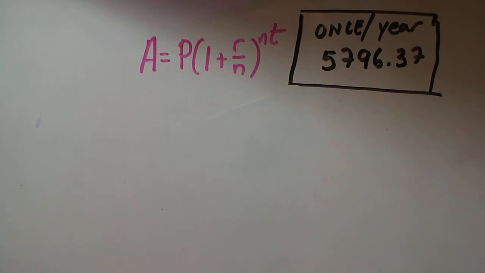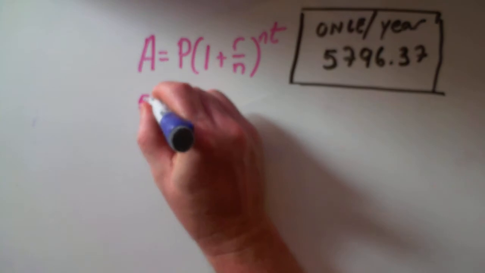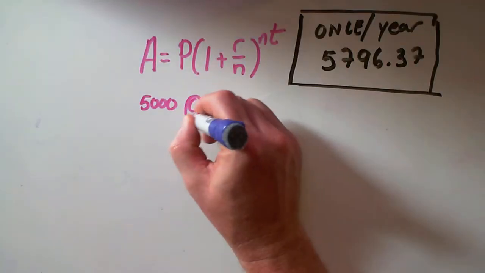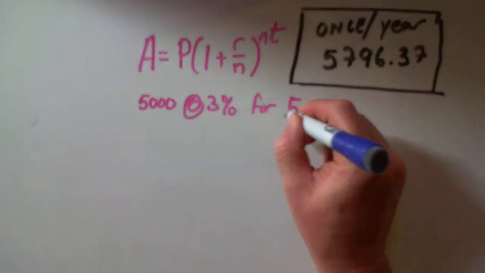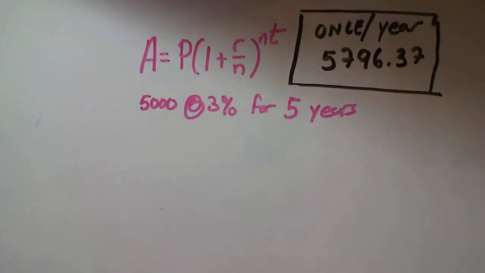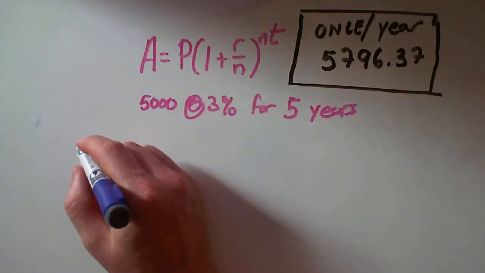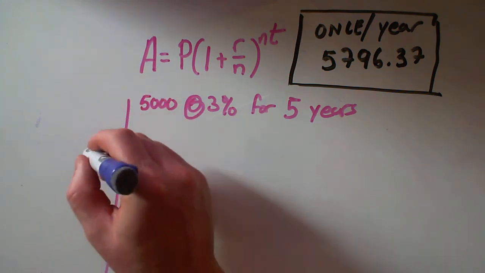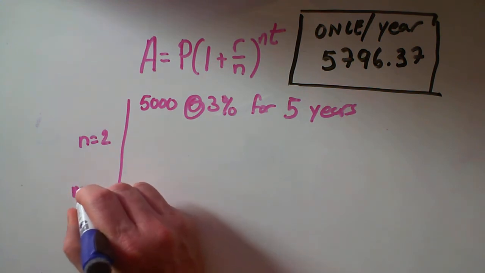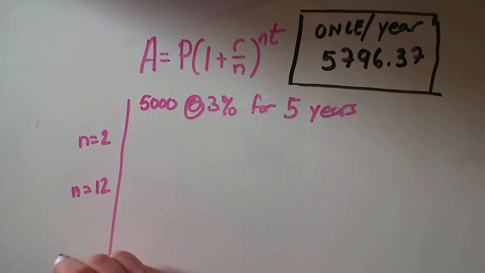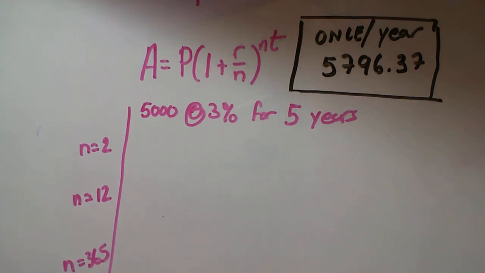So again, we will still look at that same $5,000 at 3% for 5 years. But let's look at a couple of different examples where n equals 2, n equals 12, and n equals 365.